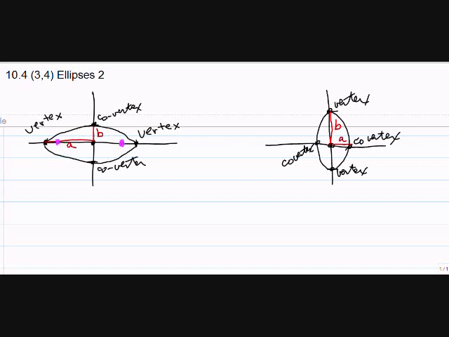And in this case, they're going to be on the x-axis because we're centering at 0, 0. So that's a focus, and that's a focus. Together they're called foci. And they're along the long axis. If we're set up vertically, they'll be on the y-axis.